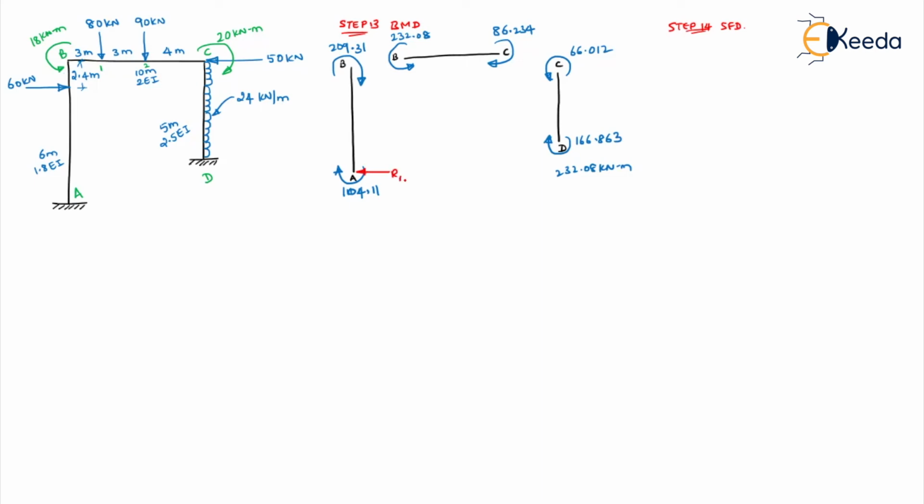This is your RA. This is your RB horizontal. This is RB vertical. This is RC coming here. This is RC vertical and this is RC horizontal, right? This is your RD. Okay, so loadings anyways we have here.